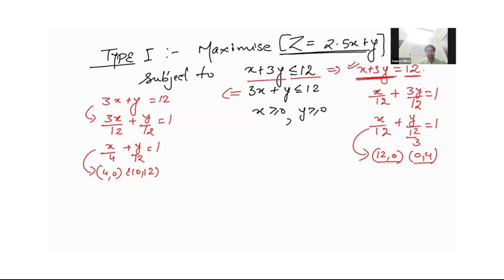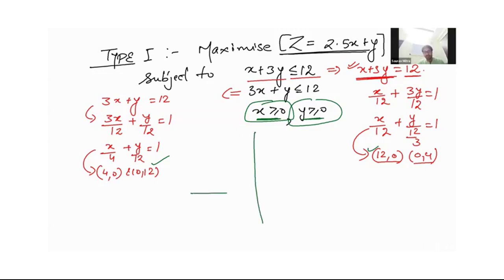Now we will plot using this information, these two equations. This means x is greater than or equal to 0 and y is greater than or equal to 0. See, in our graph system we have four quadrants.